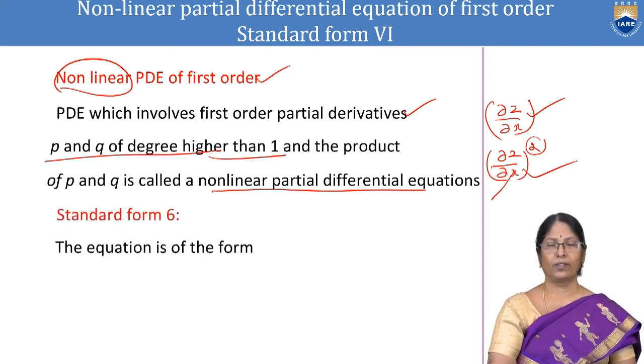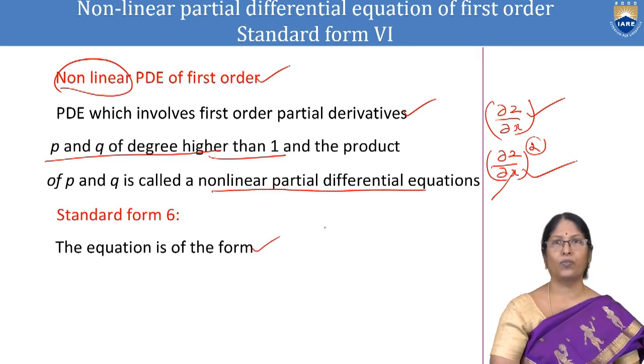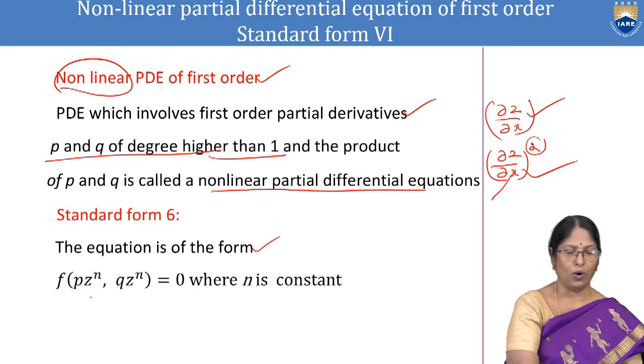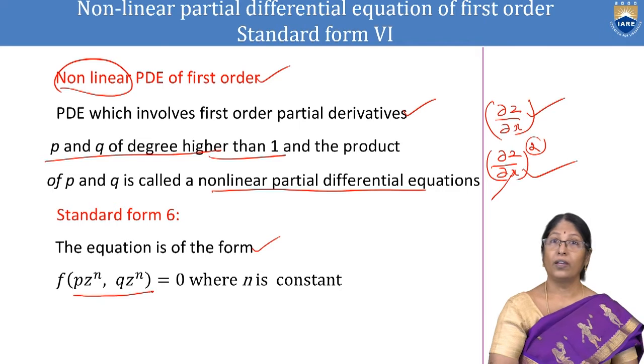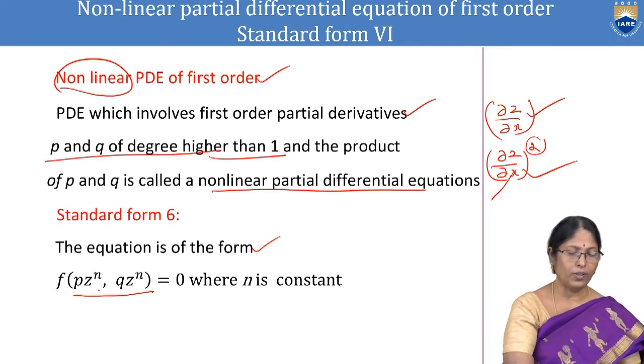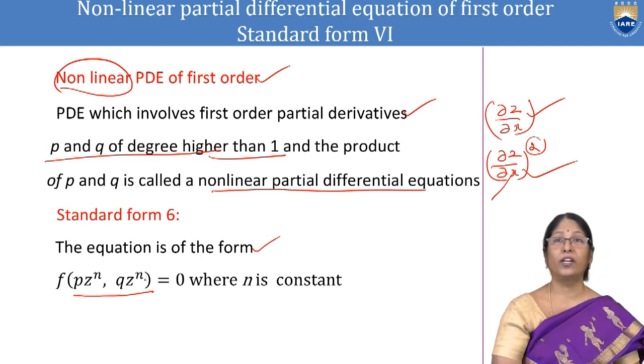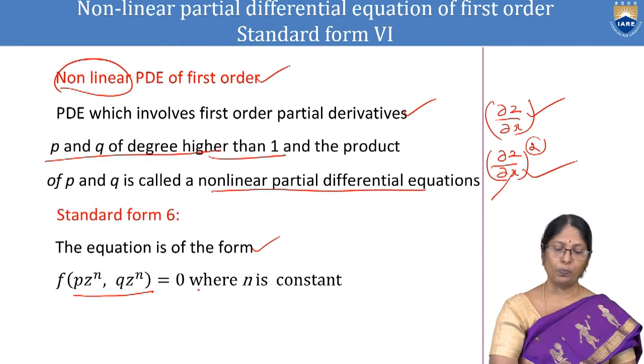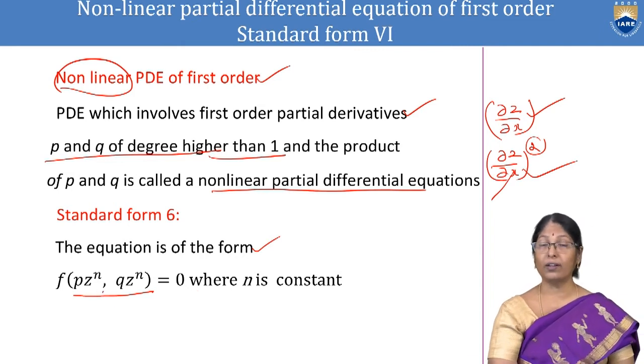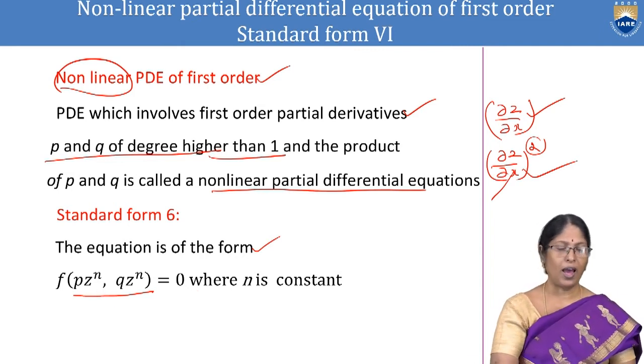Standard Form 6. The equation is of the form F of p into z power n, comma, q into z power n, equal to 0. The combination of p into z is very important, and z should have some power.